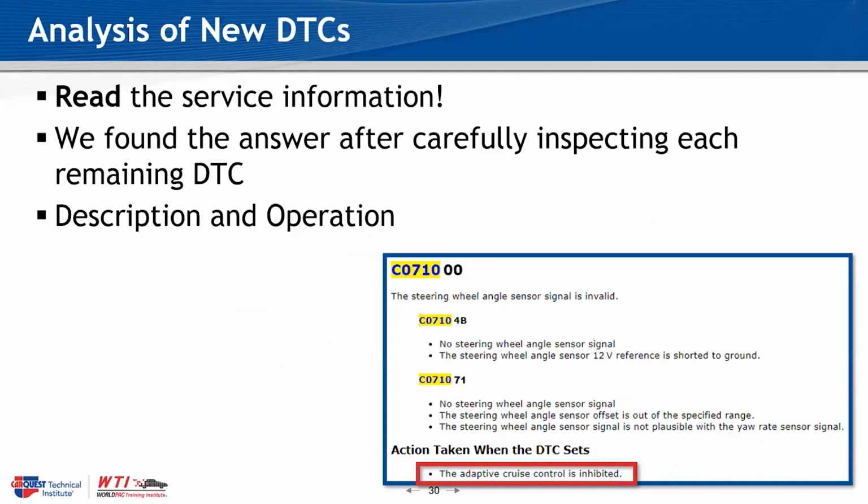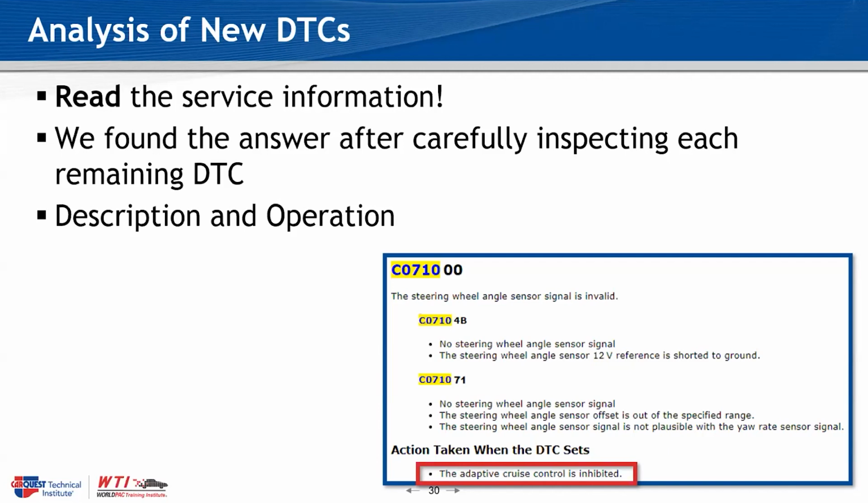Somebody who watched it asked, will this set this C1002 if it's already been calibrated? And the answer was yeah, because that's what happened. It calibrated correctly. We were just doing a test drive. So this adaptive cruise control inhibited is an action that's taken by the module once that DTC sets.